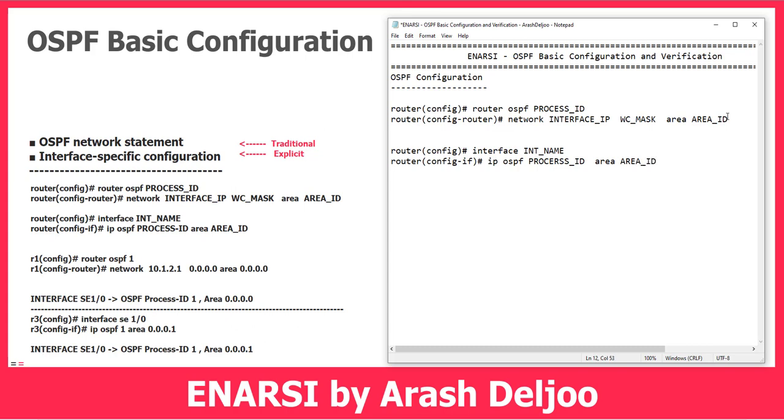Okay, let me configure these methods in one simple scenario. In the next scenario, we will learn about the configuration of OSPF. Also, we will use this scenario for understanding other features related to OSPF, such as the router ID, the passive interface, or some other things related to OSPF.